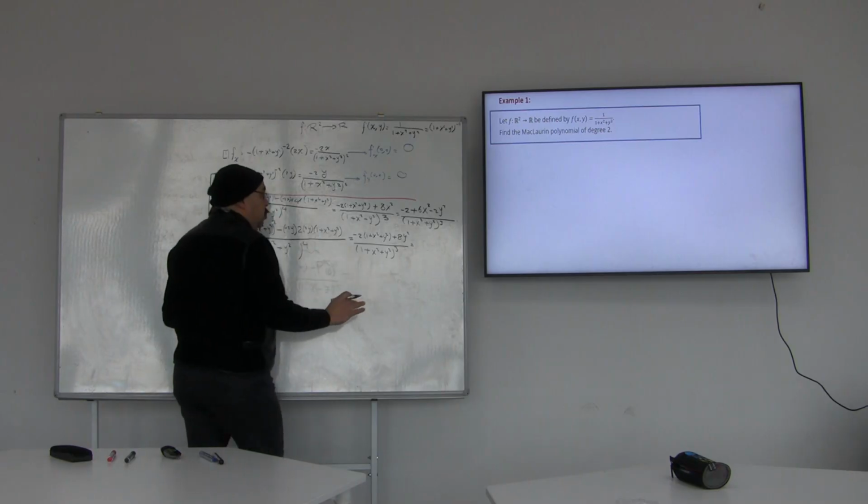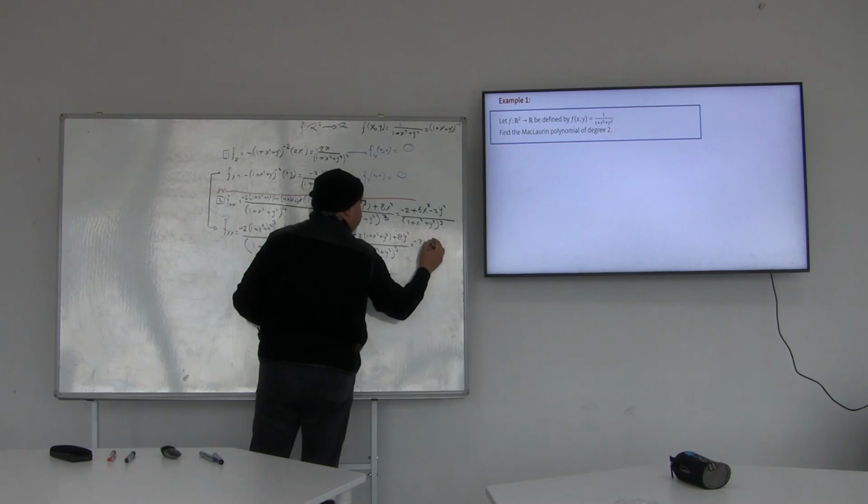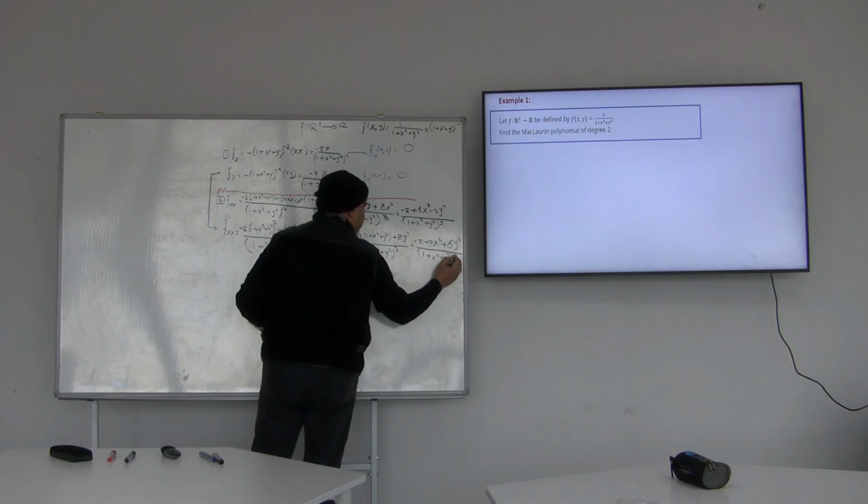So simplifying your life, it's going to be negative 2, minus 2x², then plus 6y², all over (1 + x² + y²) to the power of 3.